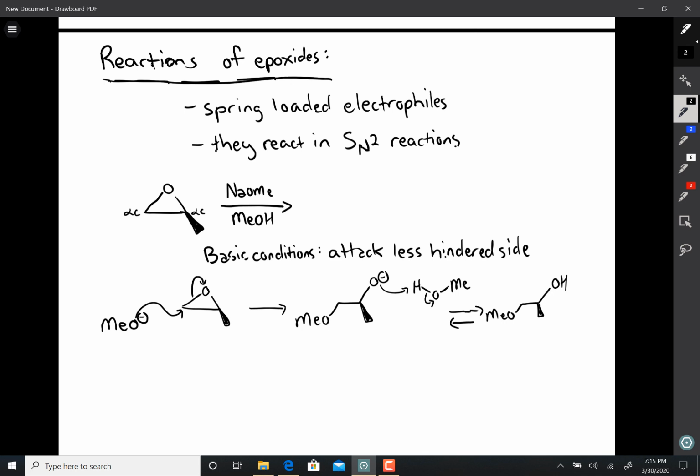And notice during this entire process, the molecule never went achiral. And so if it started out optically active, since it stayed chiral throughout the entire process, the product is optically active.